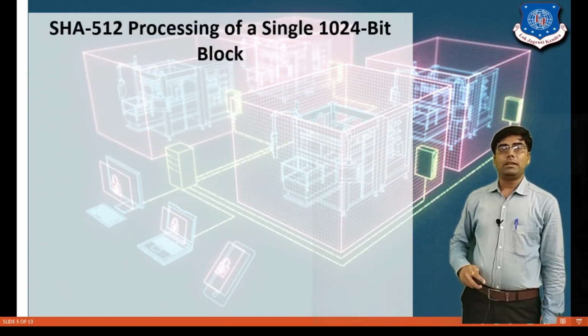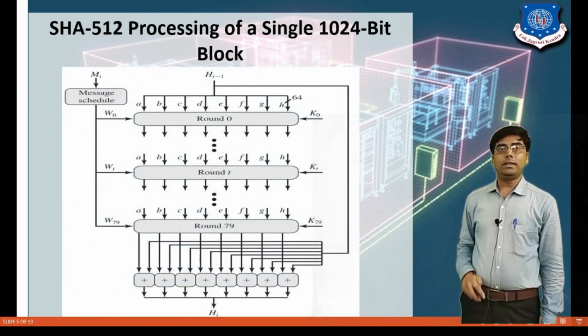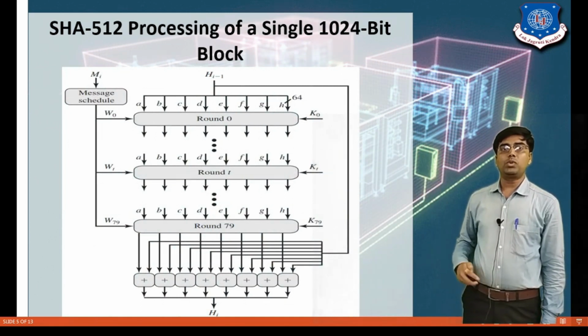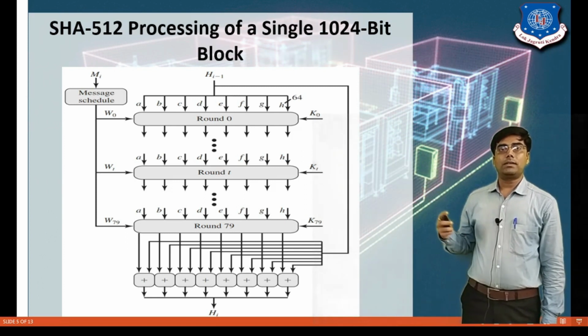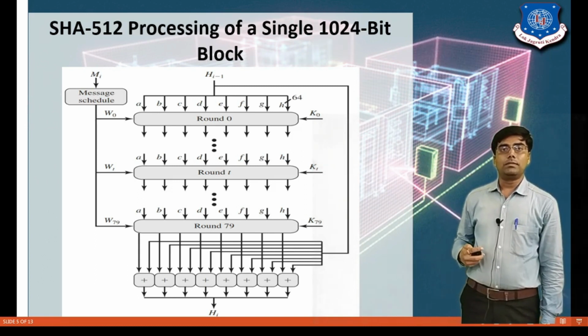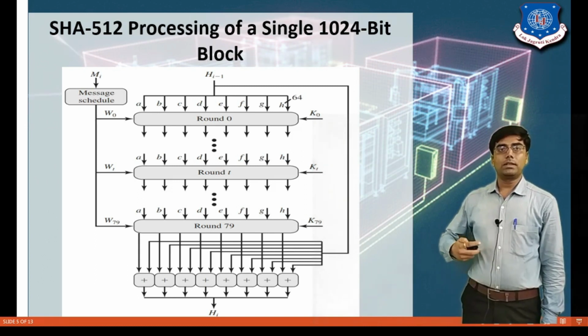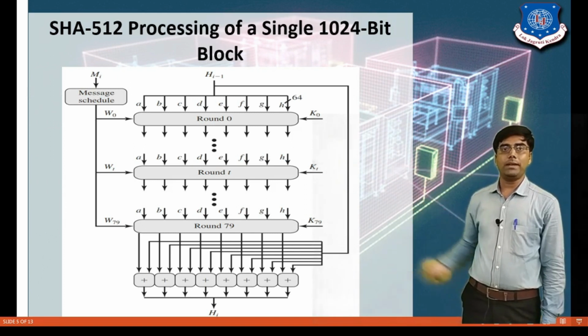In the next figure, you can see that in round 0, round 1, and so on, in each and every round we consider the words W0 to W15, which are generated from the plain text, and we generate the words from W16 to W79.